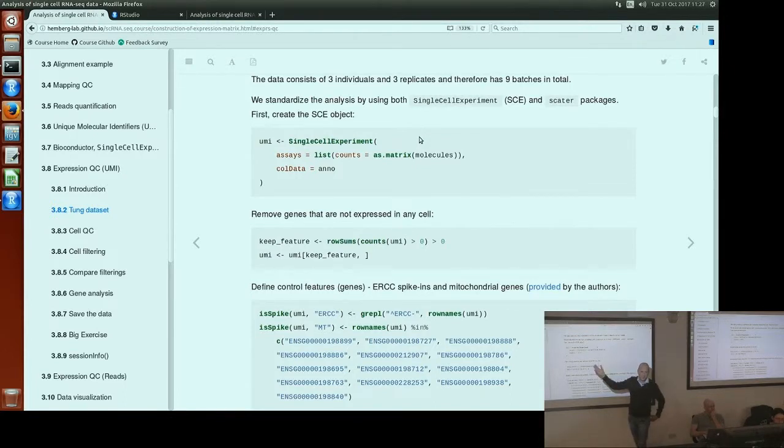The only reason why we chose the UMI name here is because in the next chapter we're going to work with the reads, and we will call that object reads instead of UMI, so you can distinguish between them. You can call this object as you want. It doesn't matter. But yes, this matrix is UMI counts, and that's why we call the object UMI. Does it answer your question?